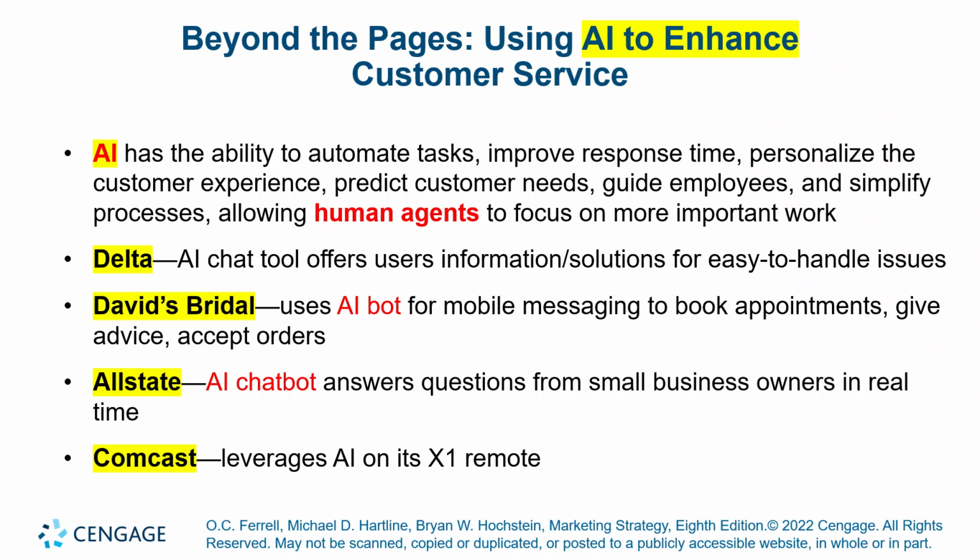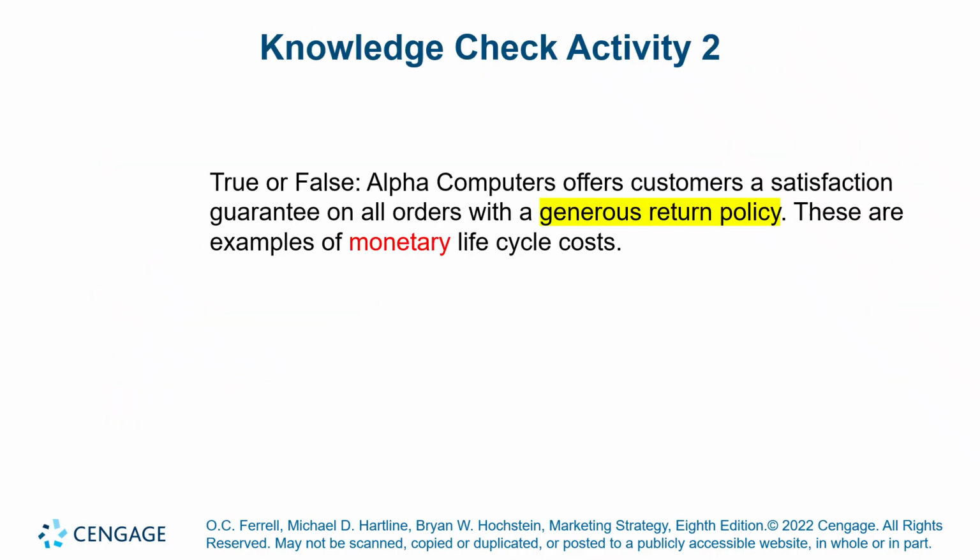Allstate Insurance uses an AI chatbot to answer questions from small business owners in real time. Comcast leverages AI on its X1 remote. So the use of AI is wide, let's imagine.